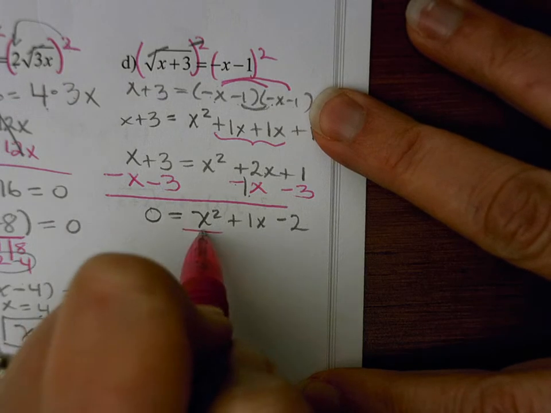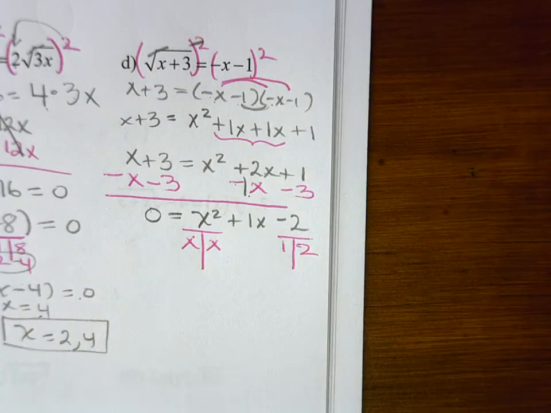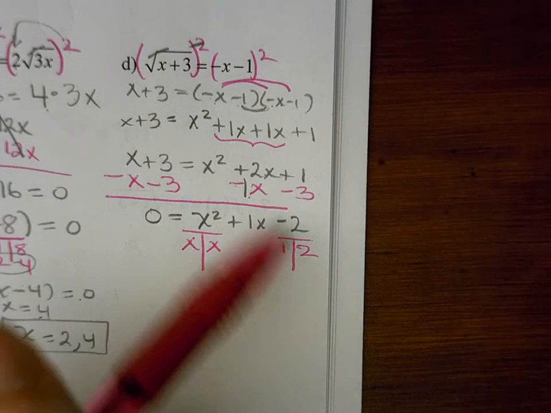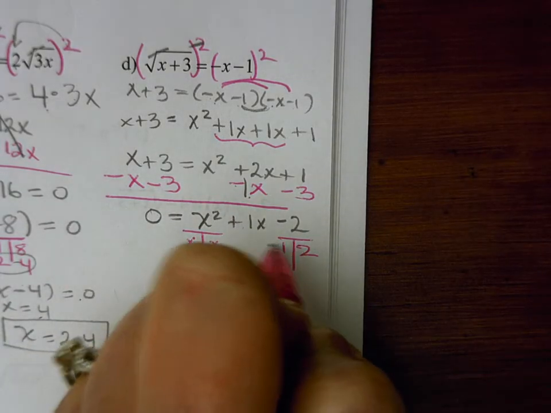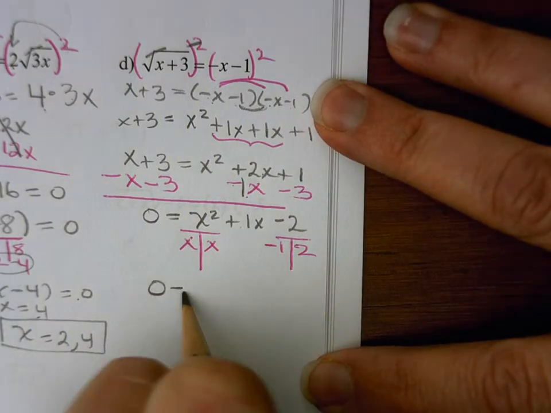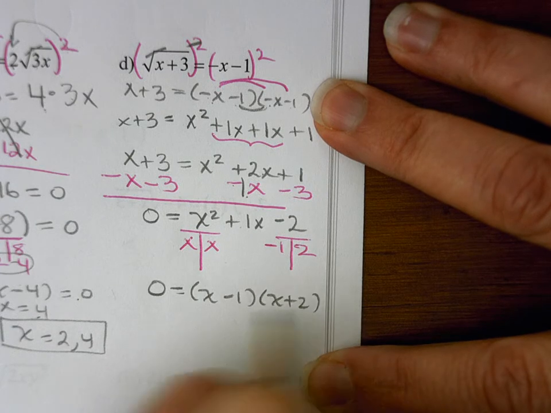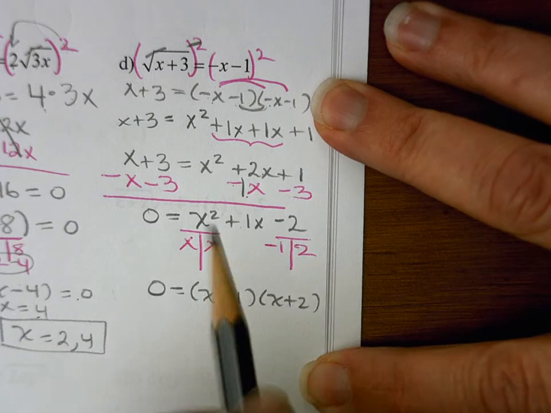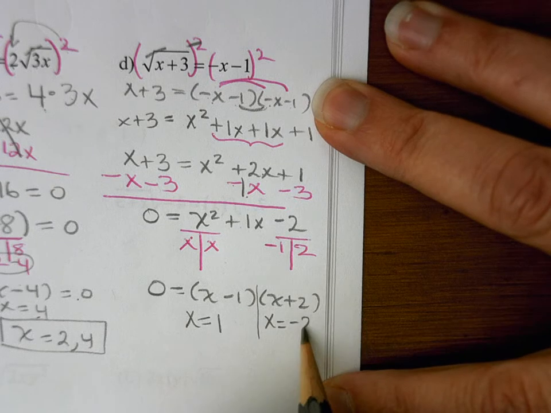So my factors for x squared are x and x, and my factors for 2 are 1 times 2. And in order to get a negative 2 when I'm multiplying and a positive 1 when I'm adding, I need my 2 to be negative. And then solve, so x equals 1 and negative 2.